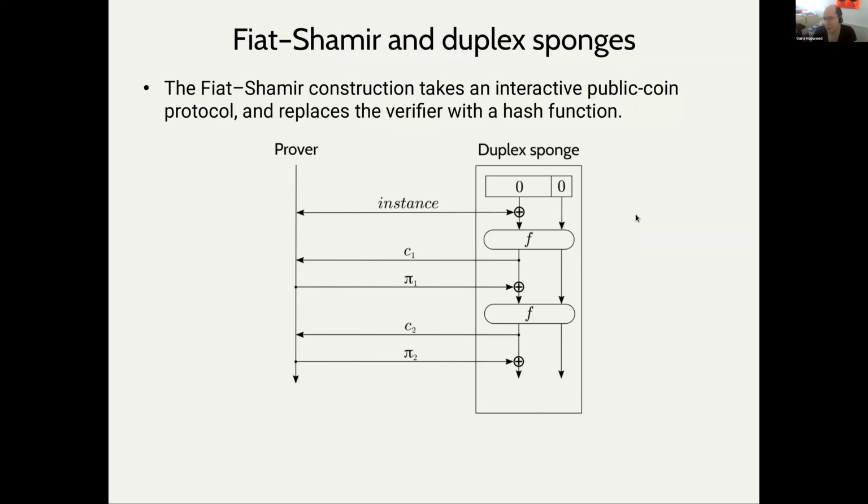So we do that by replacing the verifier with this particular kind of hash function, which is quite convenient for use in a circuit. This is just addition in the field, and this is a permutation, which is efficient to compute in the circuit.